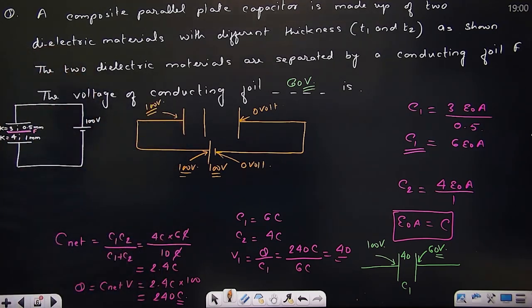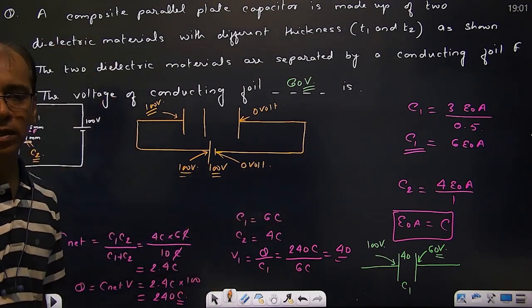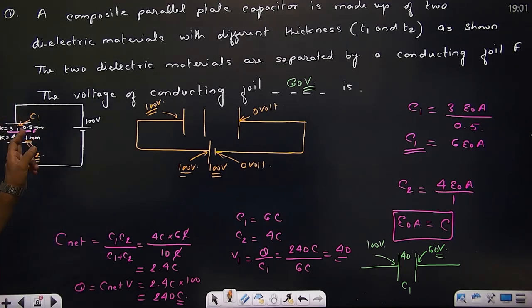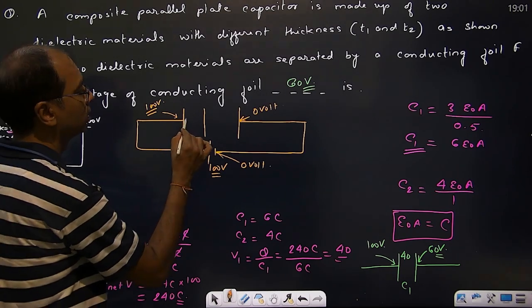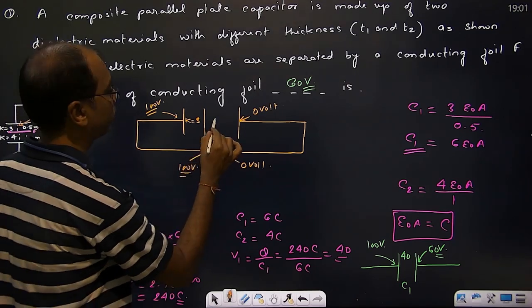Now, this is C1 and this is C2. So, we found C1 value. C1 is K epsilon naught A by D. K here is 3, and at the other place K is 4.